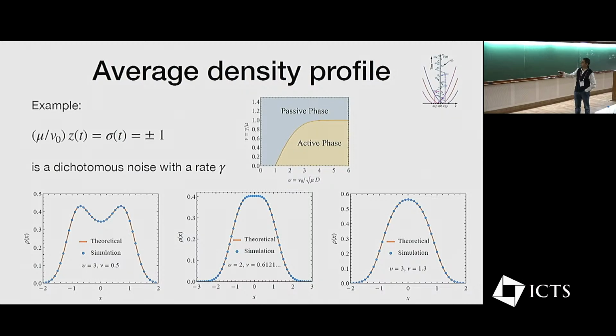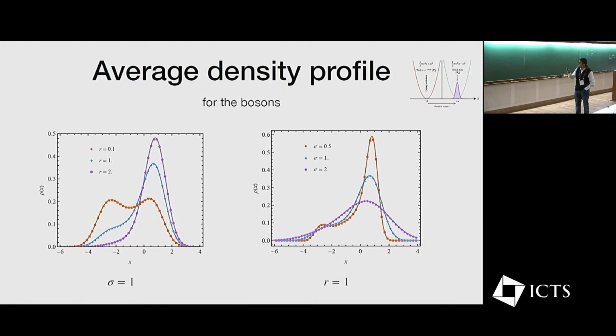In fact, we can have a phase space where there is an active phase, where the density profile has two bumps, or a passive phase, depending on this parameter, where it has a bell-shaped curve, and then there is the one on the boundary. There the second derivative vanishes, and you have to go to the third one. This is the quantum case again. Depending on whether you fix sigma and change the resetting rate, or fix the resetting rate and vary sigma, you see a rather nice transition from a single bump to a double bump structure.